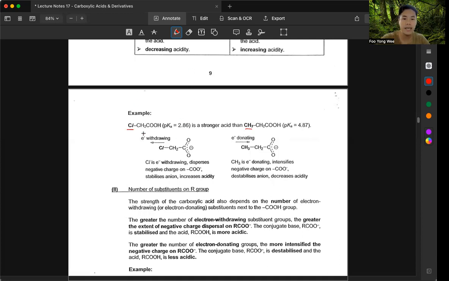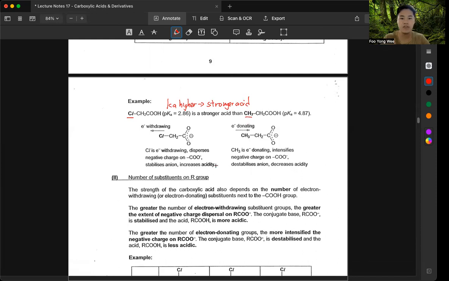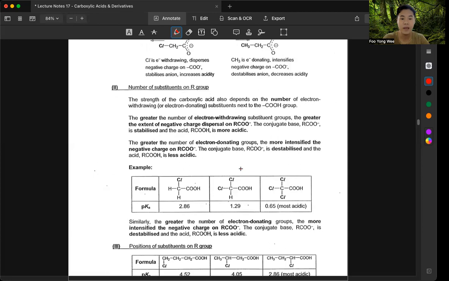So the pKa is actually lower, which means Ka is higher, which indicates a stronger acid. A recap on the concept in ionic equilibrium: the Cl being electron withdrawing will disperse the negative charge and stabilize the anion to increase acidity. As for CH3, being electron donating, it will intensify the negative charge and destabilize the anion.